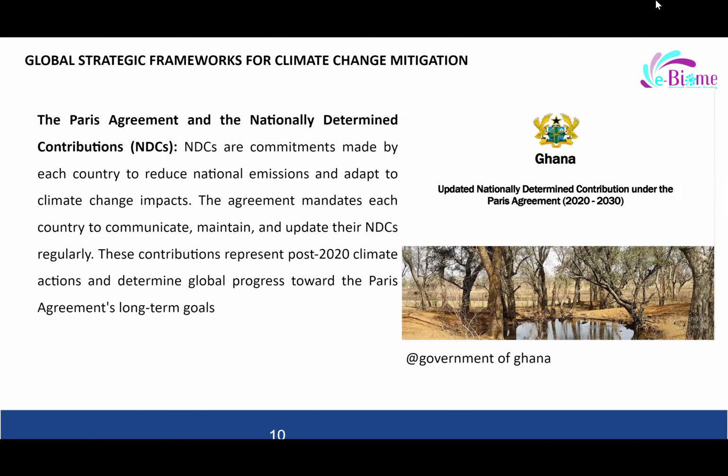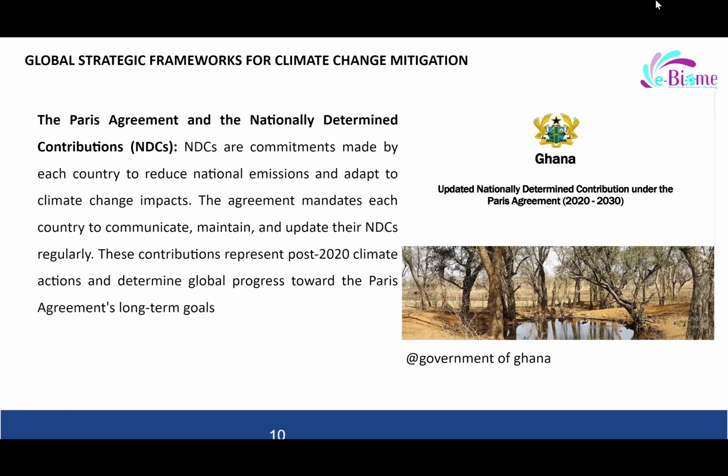We all know what the Paris Agreement is and what the stipulations in it are. And one of the key outcomes of the Paris Agreement and further updates of it is the nationally determined contributions, NDCs.